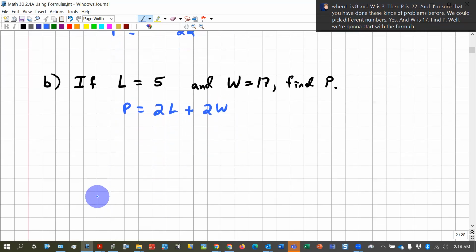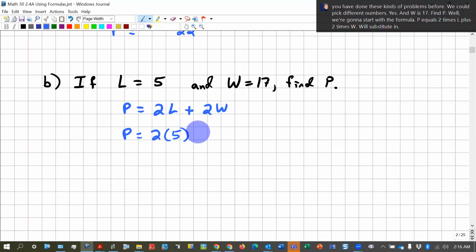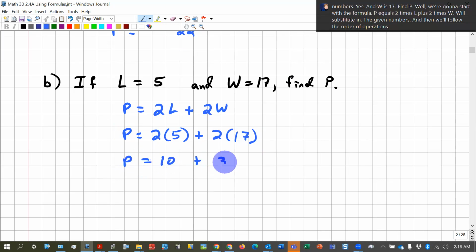P equals 2 times L plus 2 times W. We'll substitute in the given numbers, and then we'll follow the order of operations. We have to multiply before we add. And we get a result.